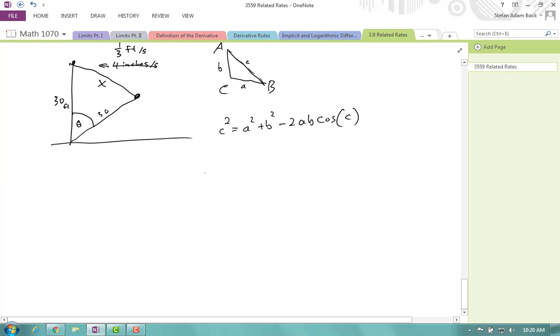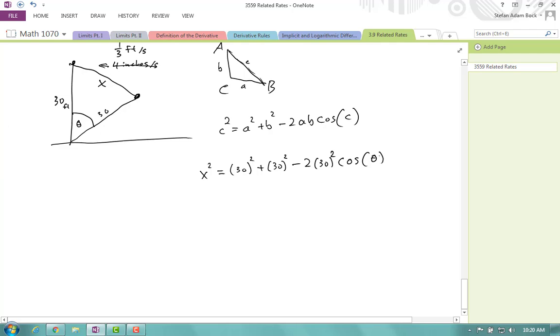I'll have x squared is equal to a squared, but that's just 30 squared, plus b squared, which is 30 squared again, minus 2ab, which is actually 30 squared again, times cosine of the included angle, cosine of theta.